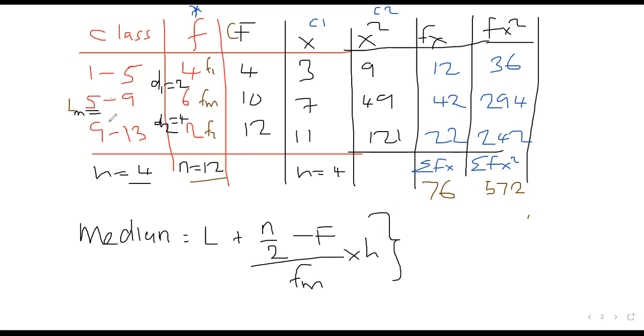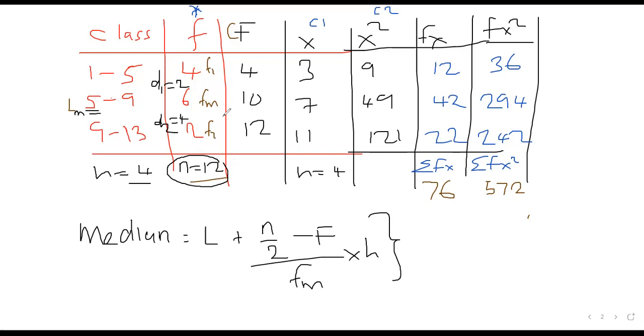So we need to compute this completely. So let's identify what we have. Our Fm is the highest. So you start from here. You start with the total, 12. The median is half. So half of 12, what we get is 6.